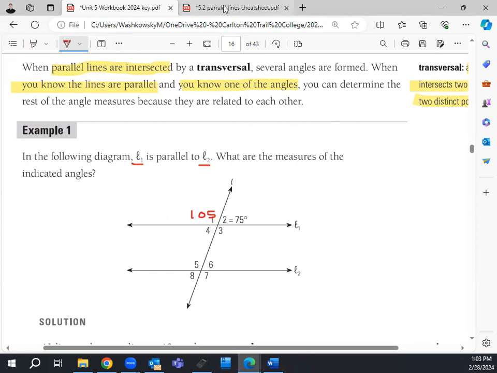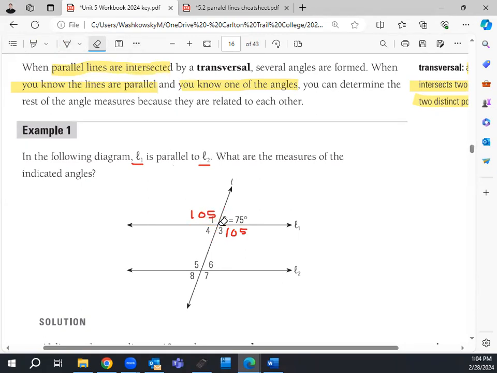You could also start using some of your properties over here. Same thing for number 3. Well, this is a straight line, right? Which means these two angles, number 2 and number 3, need to add up to 180. So that means this one's 105. Or you could say, oh, I have an intersection point. These are opposite angles. I have an X. An X will work.